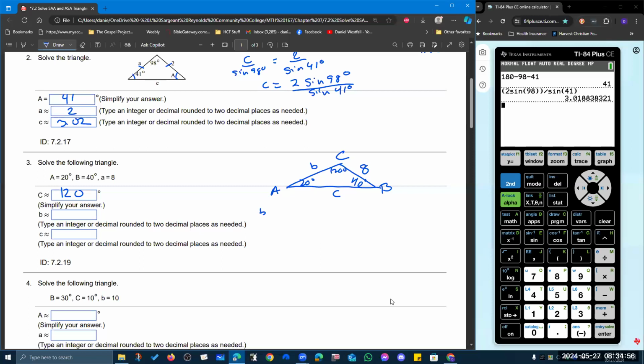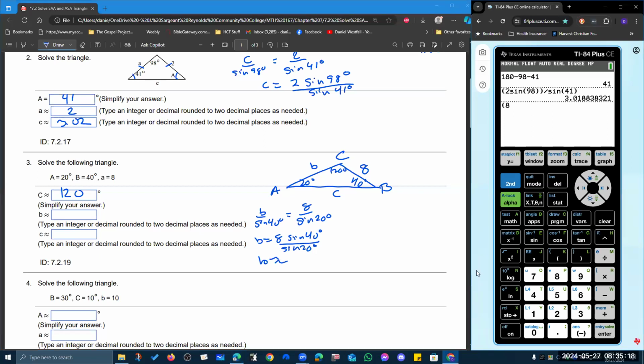So B is to sine of angle B as A is to sine of angle A, and B is 8 sine of 40 degrees over sine of 20 degrees. So B is about 15.04.